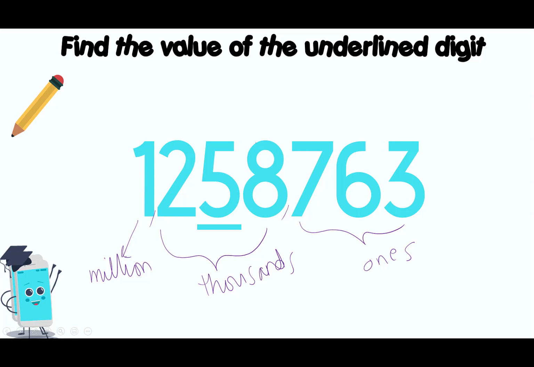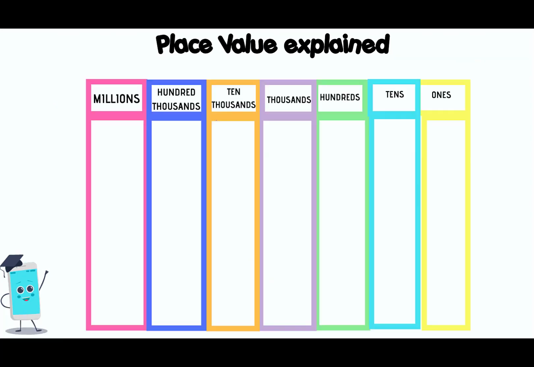So here, this would be my 1, 10, 5 lots of 10,000, and 5 10,000s is the same as 50,000s. However, let me write it into a place value chart. 1, 2, 5, 8, 7, 6, 3.